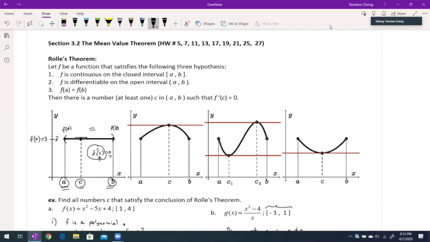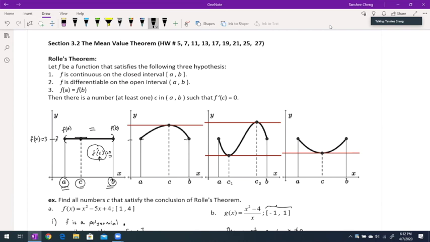In the other case, there may be one peak, with one horizontal tangent line. Again, the criteria are met: continuous on the closed interval, differentiable everywhere on the open interval, and the function values at the endpoints are the same. So there will be at least one number c such that f prime of c is 0. Are we all okay with this so far?